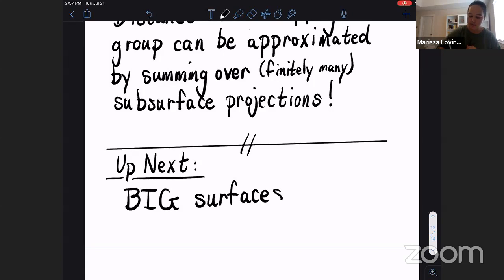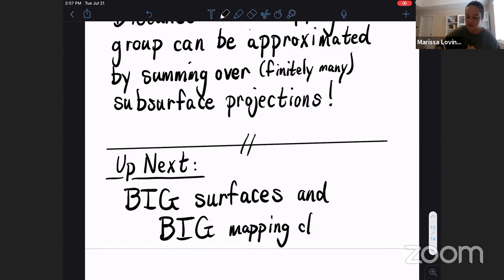These are infinite type surfaces and their corresponding big mapping class groups. If you liked what we've talked about so far, you should come back because there are so many analogies that we can draw. And if you didn't like what we've talked about so far, you should come back because it's going to have a lot of new flavors and new ways to approach things. I'm also hoping to talk about some open questions because there are a lot. I wouldn't say it's a new area, but it's an area of renewed interest recently, so there are lots of new directions and things to think about.